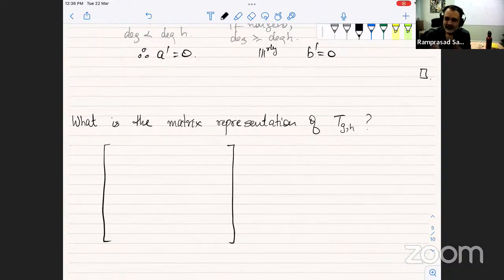So normally when you're trying to figure out what a matrix representation of a linear map is, you let it act on your basis vectors and then figure out what those images are going to be.